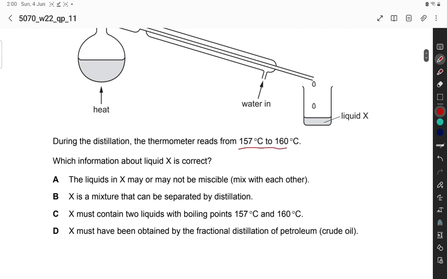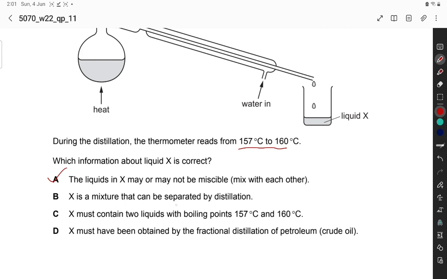The liquids in X may or may not be miscible. Yes, it is a mixture over here, so the liquids in X may or may not be miscible. This might be correct, but let's check the other options as well.